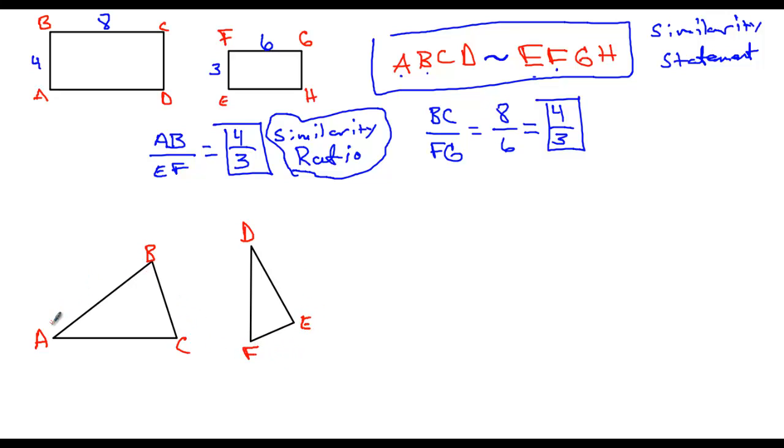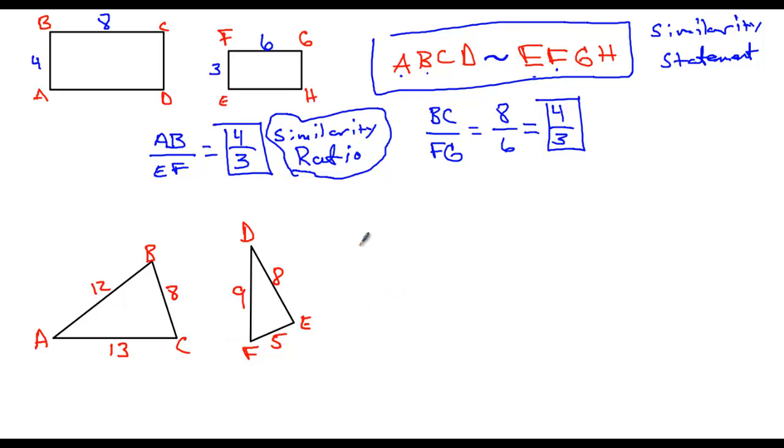And let's say that side AB is 12, and side DE is 8. So BC, and I'm just making up numbers here, is 8, and E to F is 5. AC looks like it's longer than 12, so it'll be 13, so DF would have to be 9.